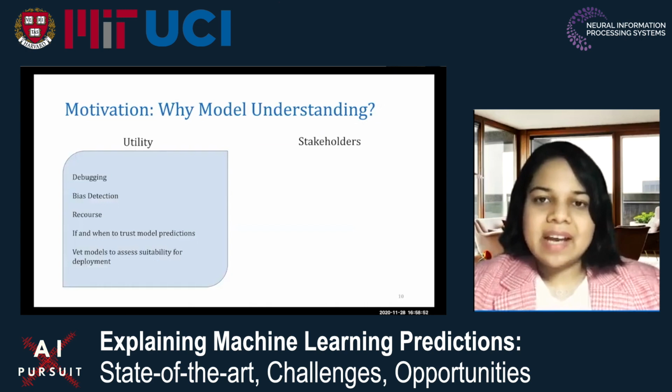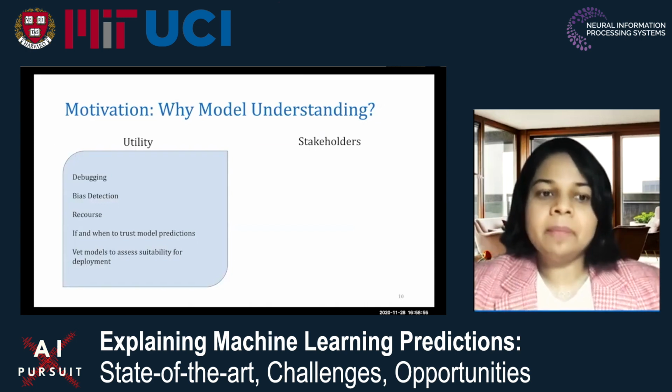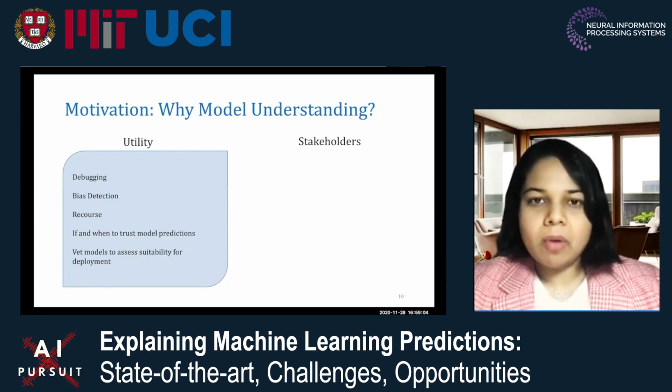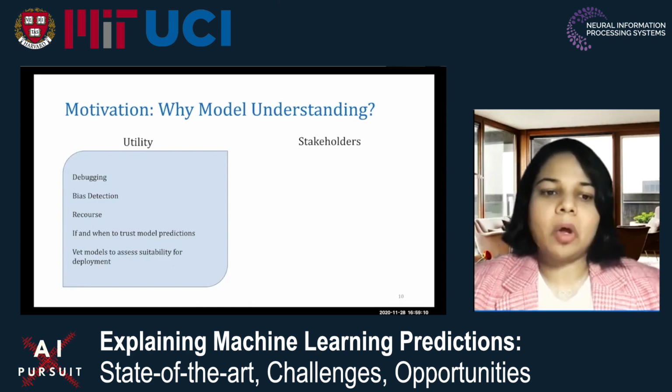So model understanding is actually enabling a ton of use cases, including debugging, bias detection, providing recourse. It's also helping us understand if and when to trust model predictions, and also helping us vet models to assess their suitability for deployment.